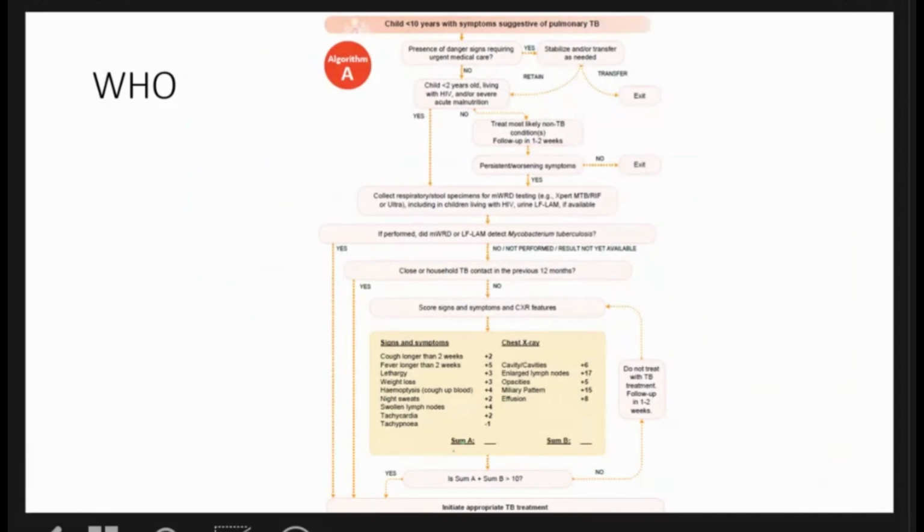That scoring system has signs and symptoms as well as chest X-ray features. And if the score is more than 20, you can go through this on the WHO website. If the score is 20, then we should start treatment. So in my opinion, this may be important in low prevalence countries rather than high prevalence countries like us.